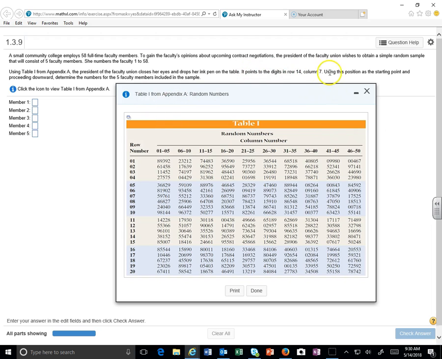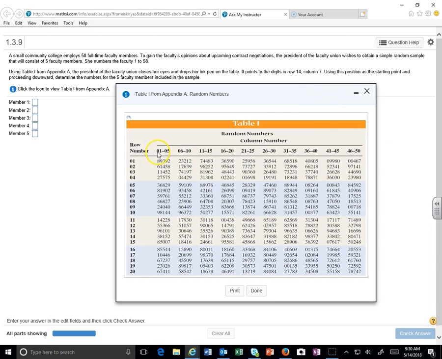And then the next thing that's going to help us know how to read this is it's going to tell us where to start at. So we see that here, row 14, column 7. Okay, and that's just telling us where to start at so that we're not all just starting in different places, right? So row 14 would be here, and then column 7.